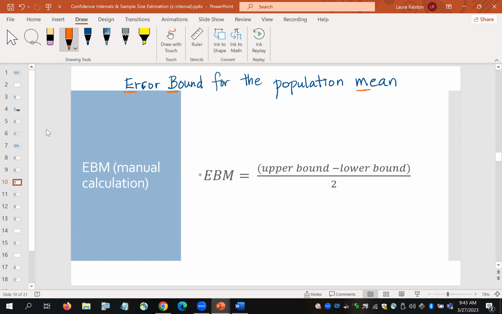It is the same as the margin of error. How much could my estimate be off? Okay, it's called the margin of error. It's similar to the margin of error. Again, we just use fancy language. And it is one of the few calculations that Minitab does not do for you. Okay, so it is a calculation we will do by hand using a calculator.